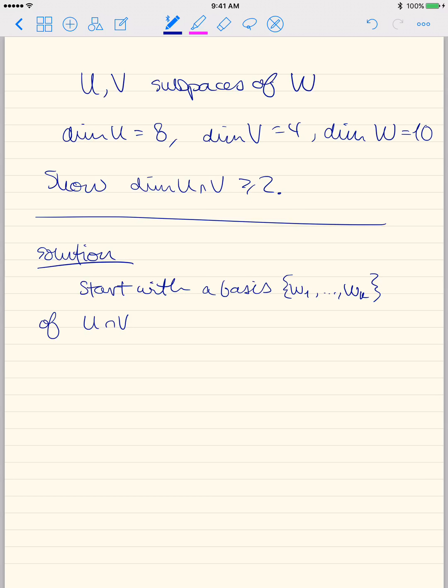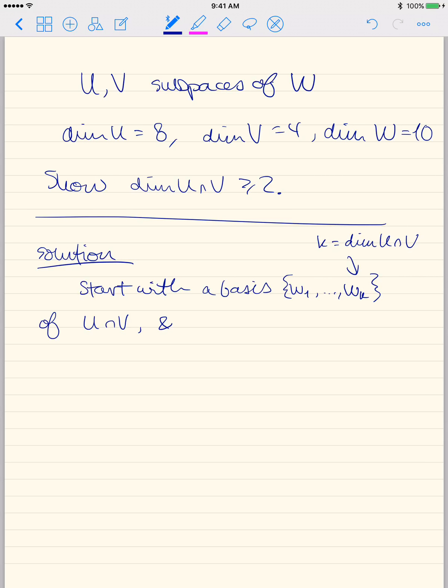So let's start with a basis of the smallest one, which is U intersect V. And this K here is whatever the dimension of U intersect V happens to be. We're going to figure that out later. But U intersect V is an intersection of two subspaces. That means it's a subspace, so it has some dimension, and we'll call it K. Then let's conjure a basis of this vector space, U intersect V.